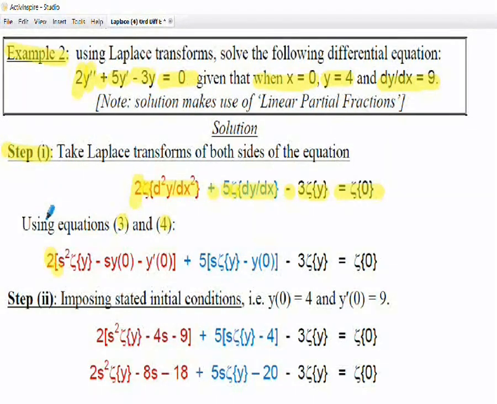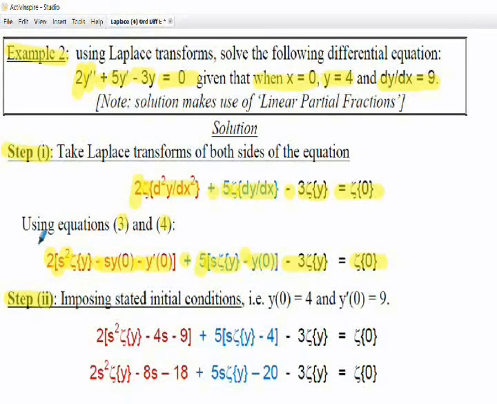In Laplace terms it's s squared times the Laplace of y, take away s times the value of y when x is equal to 0, take away here the value of the first differential of y when x equals 0, plus, now this is the first order part of the equation, that's 5 times s times the Laplace of y, take away the value of the function of y when x is equal to 0 in this case. Then take away 3 times the Laplace of y equals the Laplace of 0. So step 1 done there.